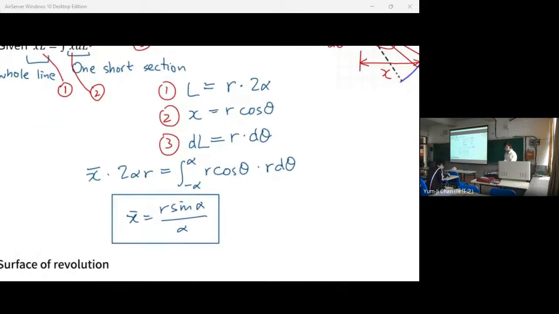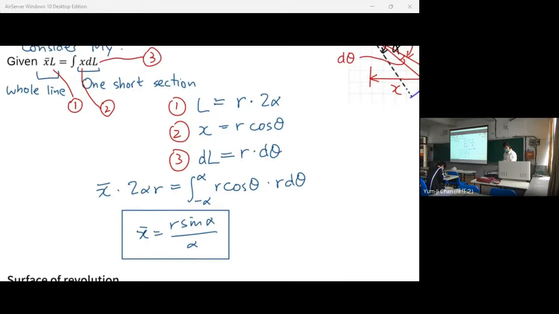I assume you understand why these three look like this. We put 2 alpha r here, r cosine theta here, and r d theta here, and we get this. Of course, because our line only goes from minus alpha to plus alpha, we have a definite integral.